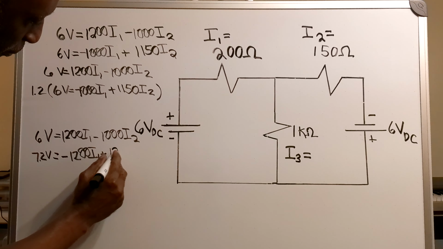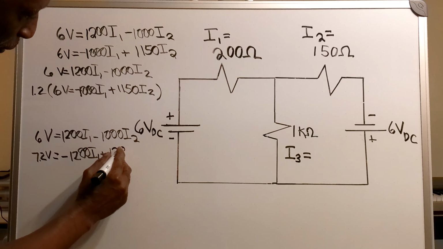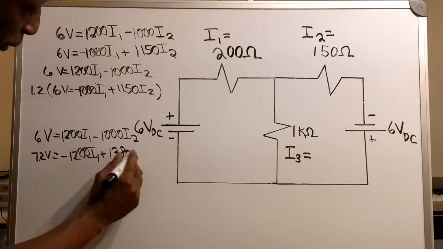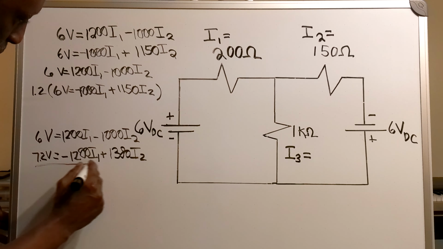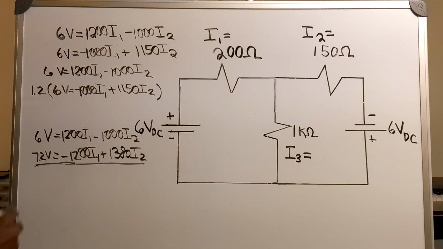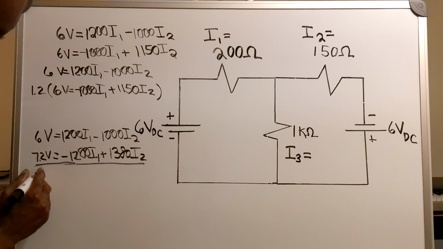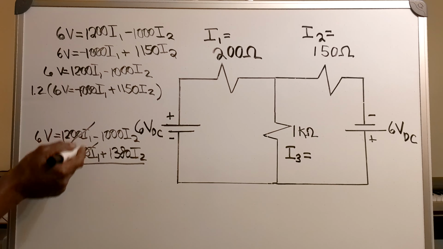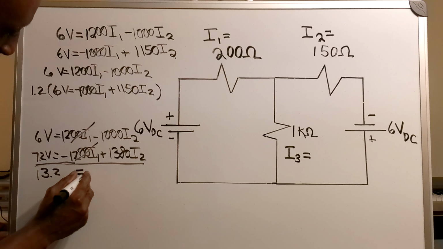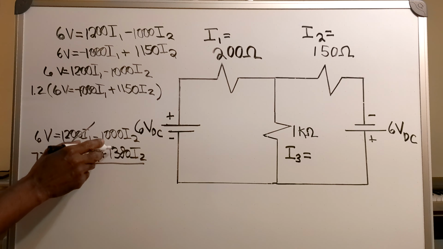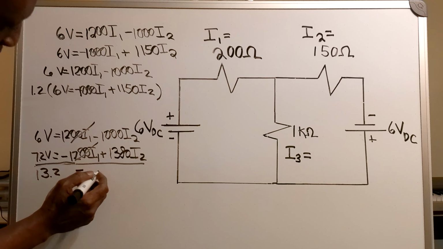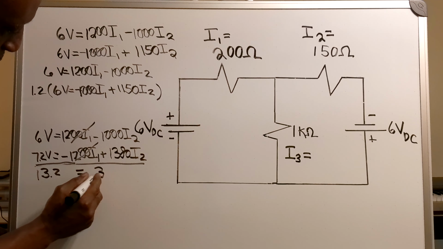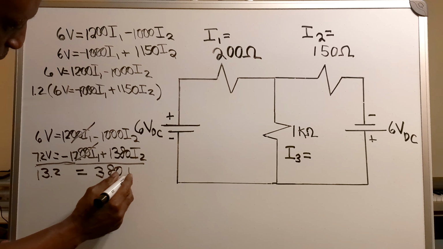That leaves me 1,380 I2. 6 and 7.2 equal 13.2. Zero, 1380 minus 1,000 equals 380 I2.